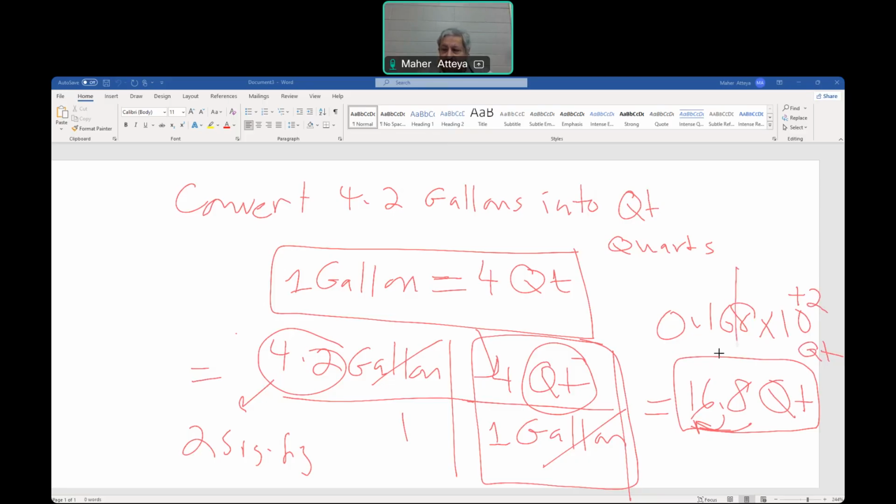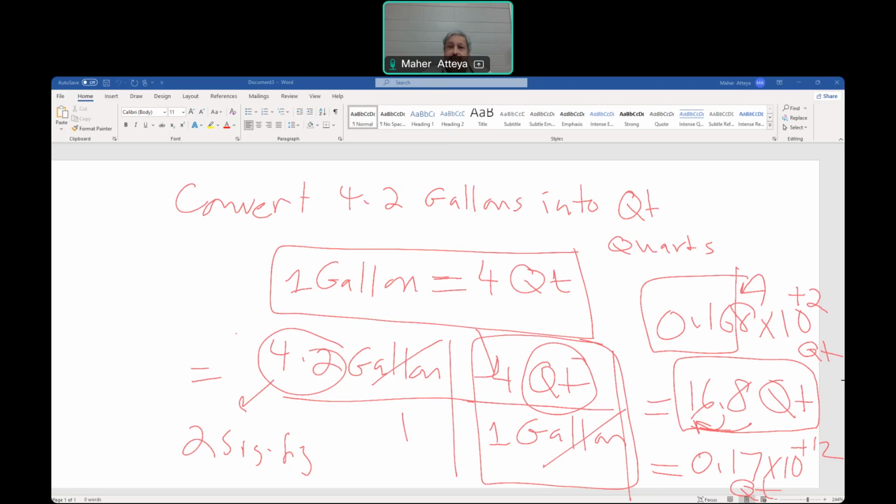That's our 2 sig figs, but this is 5 and above, so the answer is rounded to 1.7 times 10 to the power plus 2 quarts. Okay, guys?